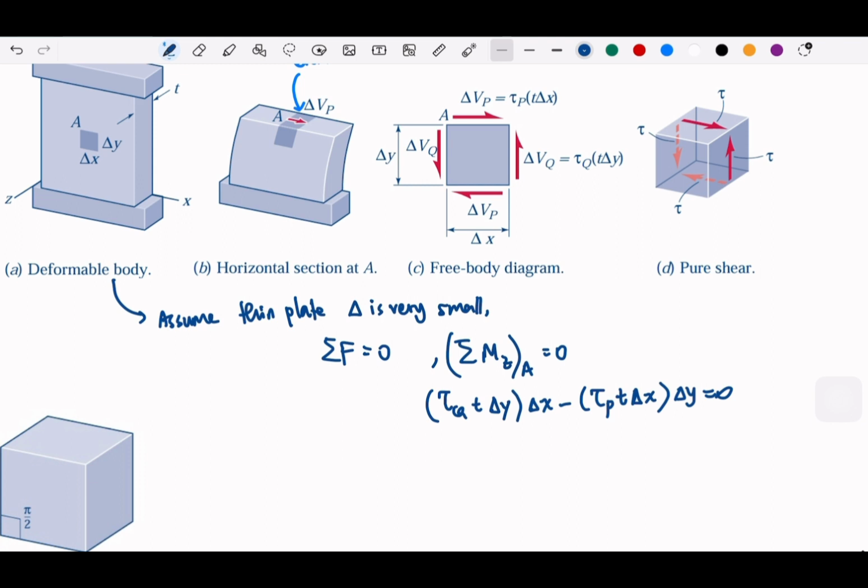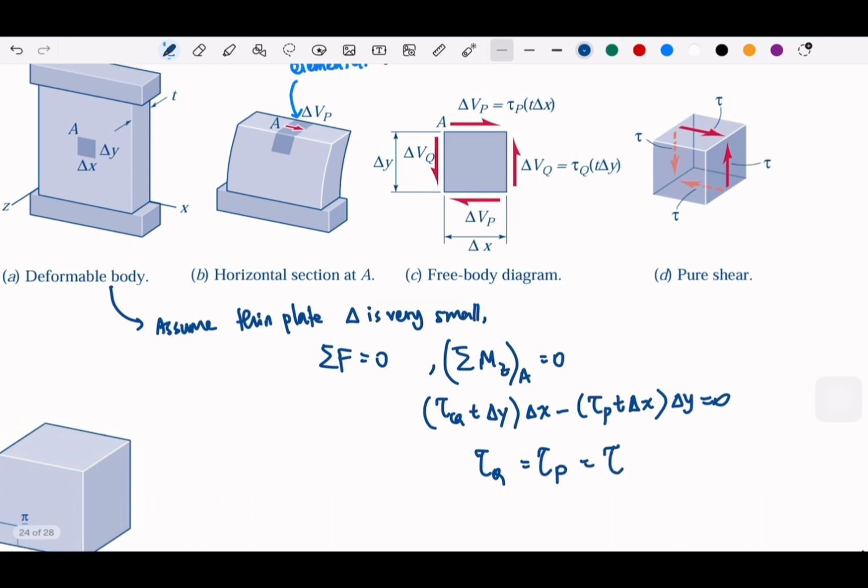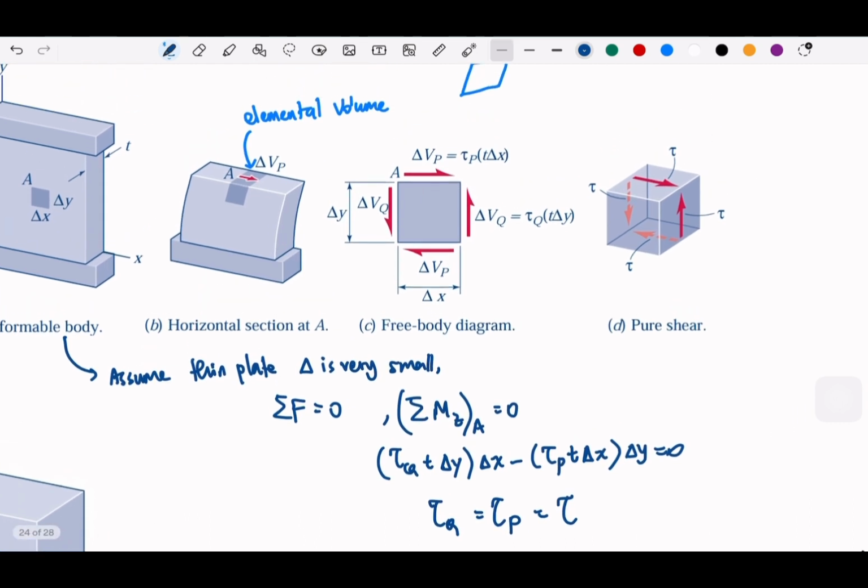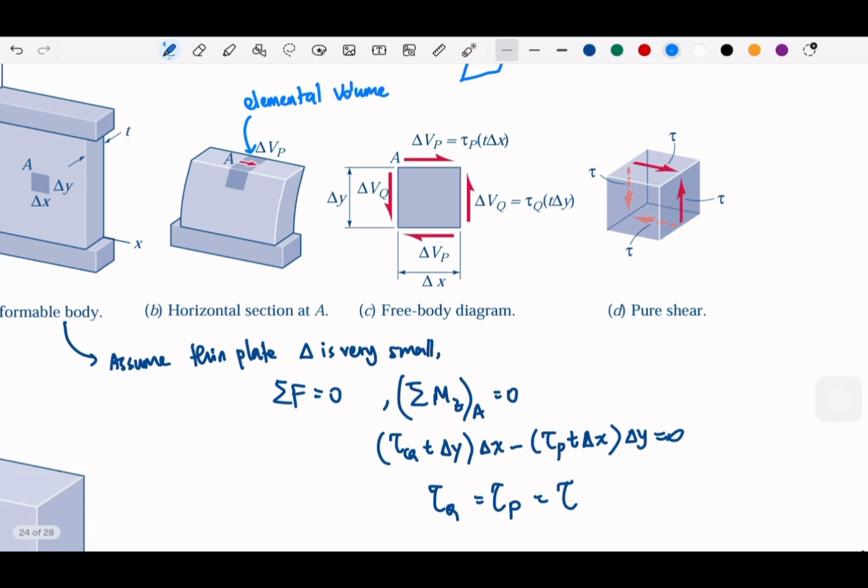Okay. So we see that the tau for Q equals tau for P equals tau. So all of these will be equal for all this tau.